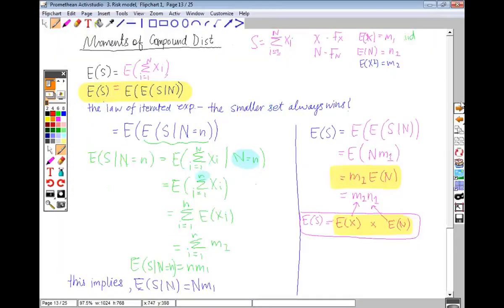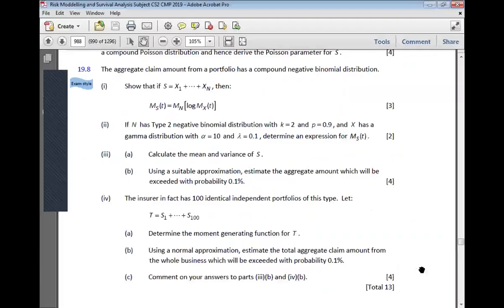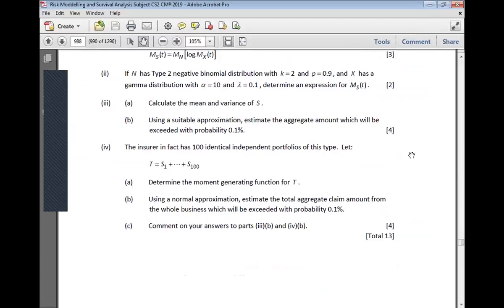This was expectation, variance, and then we did the MGF. So this is the answer to the first part of the question, which I don't think is likely to come up, especially given the online exams. So let us directly skip to the second part of the question, which is very interesting and has something to do with what we just studied.